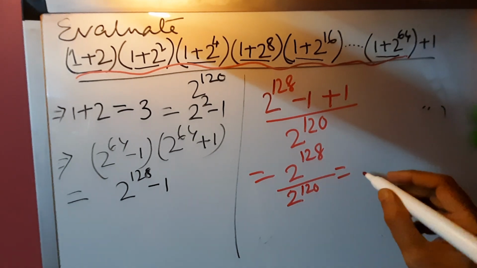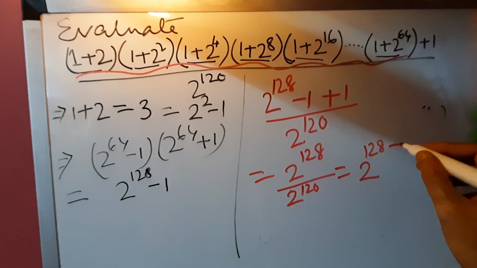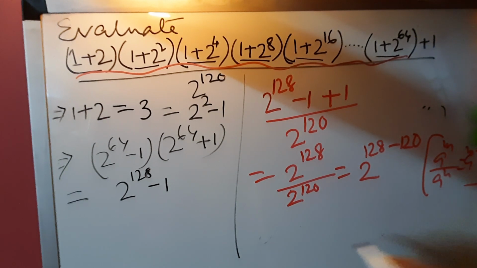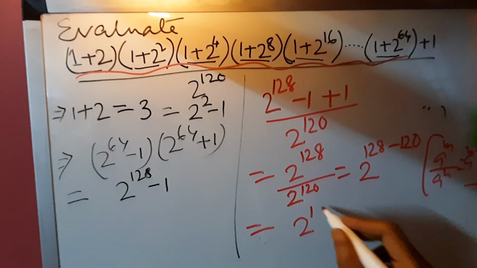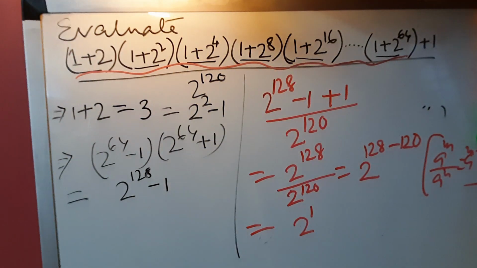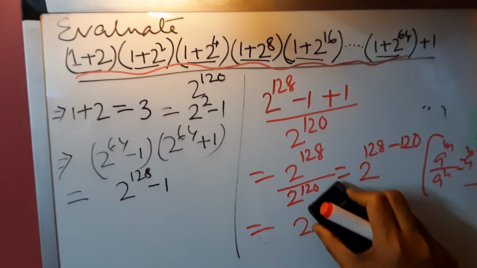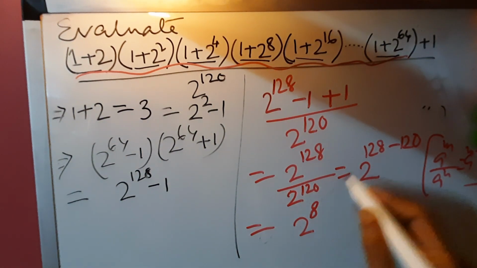So that means 2 to the power 128 minus 120, because a to the power m by a to the power n equals a to the power m minus n. So that will be 2 to the power 128 minus 120, which means 2 to the power 8.